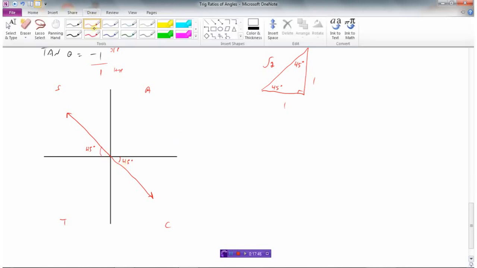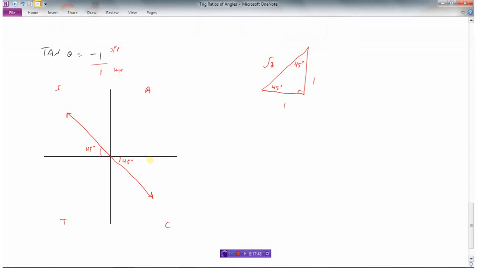But we always measure theta from here, from 0 degrees. So we're looking for this answer right here. That would be our first terminal arm. I'll call that θ1 for my first angle. I know all the way to here is 180 degrees, so this would be 180 back up 45. So 180 minus 45, which is 135 degrees. So there would be my first solution.